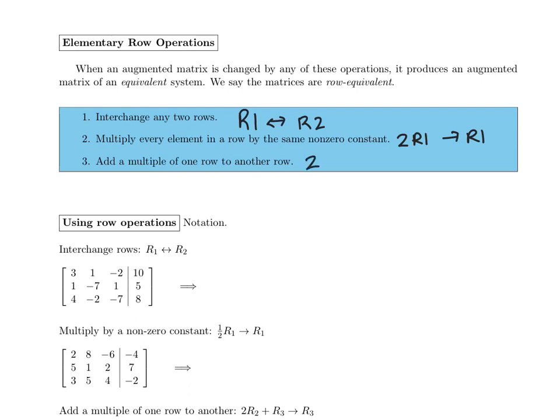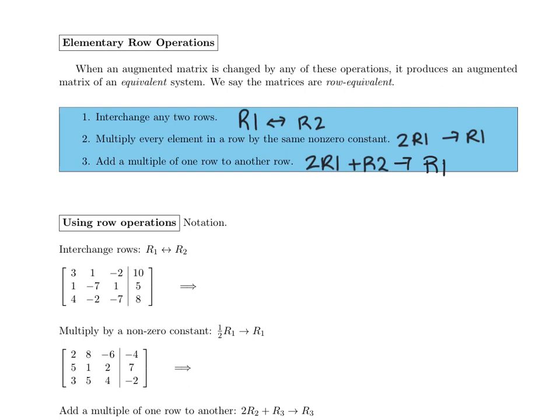That might be we're going to take 2 times row 1, add it to row 2, and then we're going to put our answer. I sometimes tend to put equal signs. Looks like KU always does this arrow. So arrow, maybe we're going to put our answer back in row 1. So that's what that notation means.